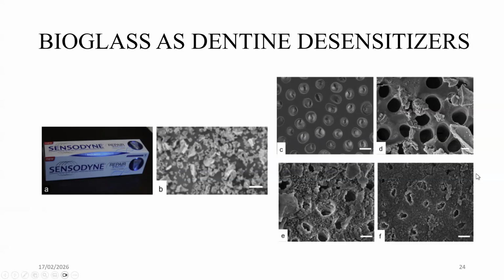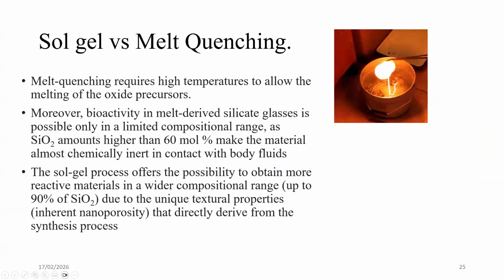So how is it made? It is made by a process called sol gel versus melt quenching. There are different ways. Sol gel is the most convenient way to make bioglass. Moreover, the bioactivity in melt derived silicate glasses is possible only in a limited compositional range. So the process is convenient in the lab.